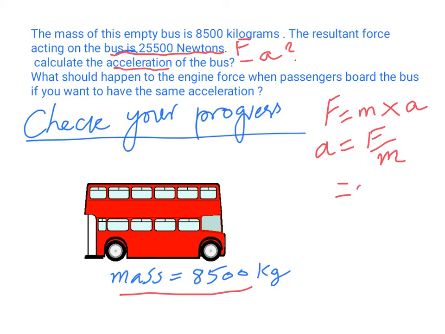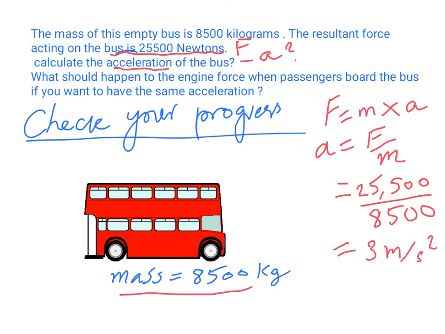So force here is given 25,500. Divide that by the mass of the bus 8,500, and that should give you the acceleration is 3 meters per second square. Then look at the second part of the question.